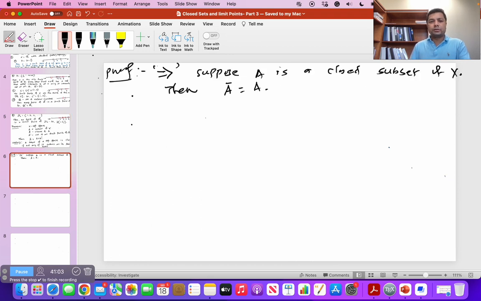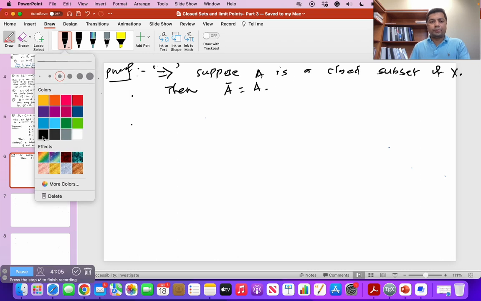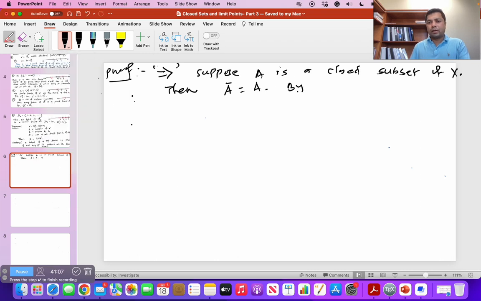Then by the above theorem we can say that A union A prime is A closure.